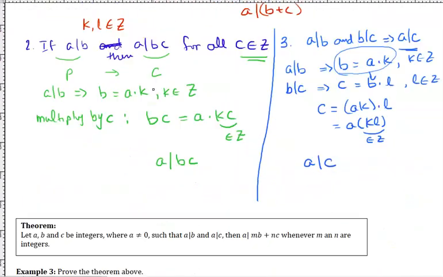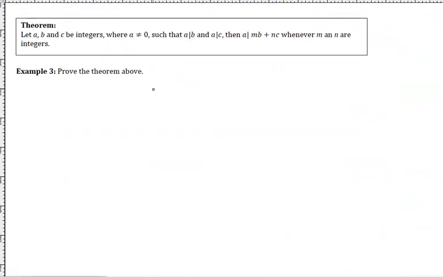We're going to combine the sum and product, the scalar product theorem there. Okay, so we're going to start with our premises. So A divides B and A divides C. Okay, so this means that B can be written as A times an integer, and C can be written as A times another integer.